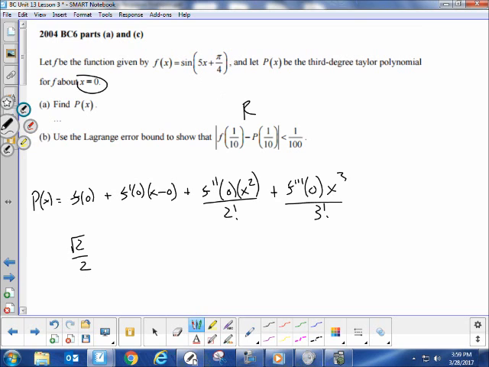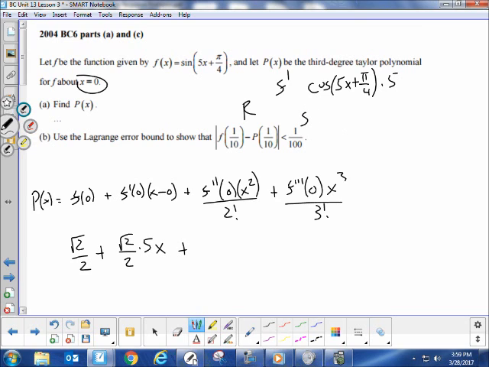Okay, this is interesting. If I take my derivative, I get cosine of 5x plus pi over 4, times 5, that's f prime. If I do f prime of 0, it's the cosine of pi over 4, which is root 2 over 2 times 5. So it's root 2 over 2 times 5 times x.